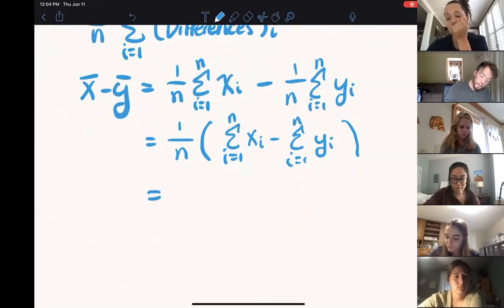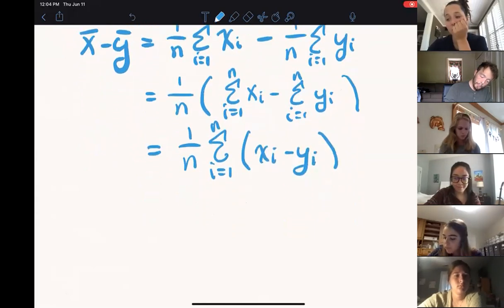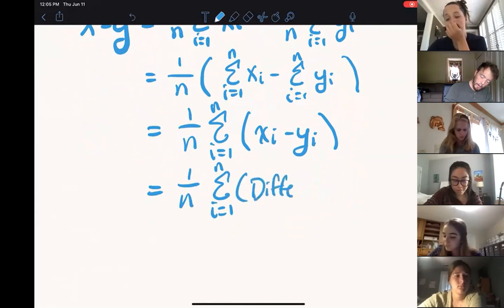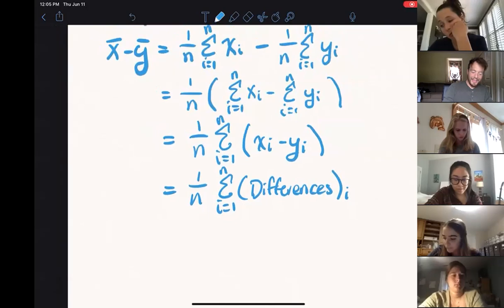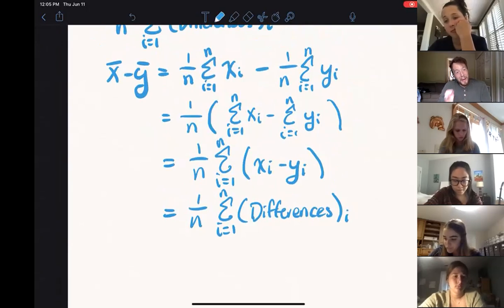And also by the distributive property, I can move the sum out. Which is just equal to the average of the differences. So it's a bit of an algebraic nuance that you will actually get the same answer if you just take x bar minus y bar.